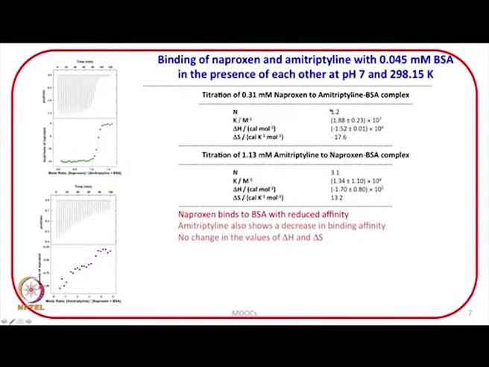That is, the amitriptyline BSA complex was formed and it was titrated with naproxen, and the resulting isothermal titration calorimetric profile yielded the data presented in this table, where you see the value of K remained of the order of 10 raised to the power 7, although the absolute number decreased to a small extent.